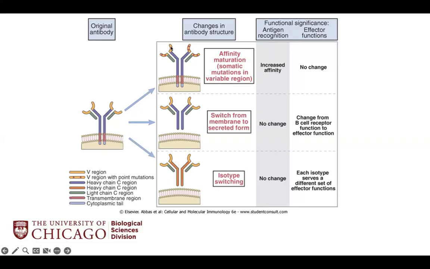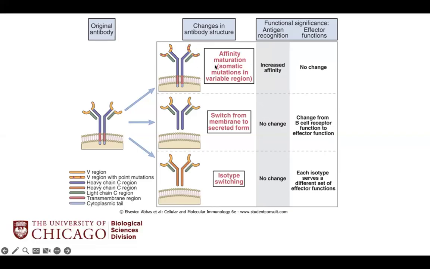So this original membrane-bound IgM can undergo something called affinity maturation. We'll talk about this more in other chapters, but this particular antibody structure will undergo a series of mutations. And then it's tested against the antigen to see which has increased affinity, not avidity here, increased affinity. And when it has increased affinity, it will be selected.